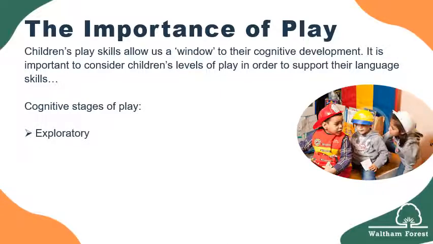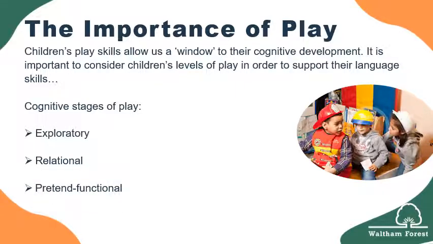Firstly, they will be playing in an exploratory type of way, so looking at things, touching things, mouthing things. Then they will start to play in a relational type of play, so starting to understand how objects relate to each other. So, for example, banging a cup with a spoon or throwing a ball on the floor and looking to see where the ball has gone.